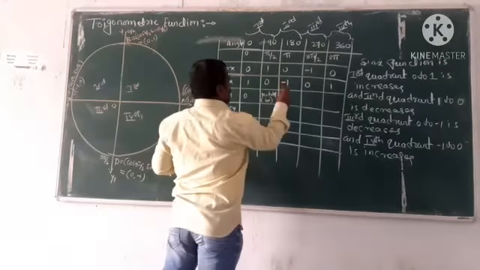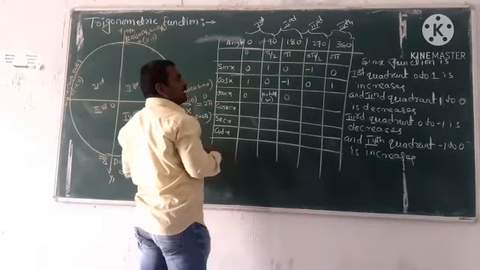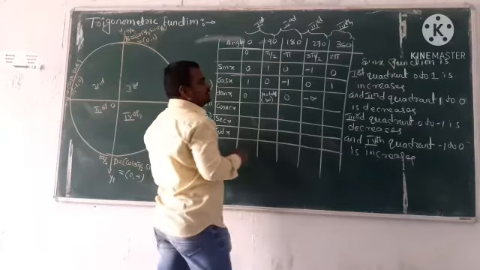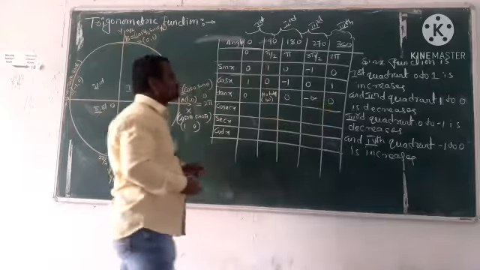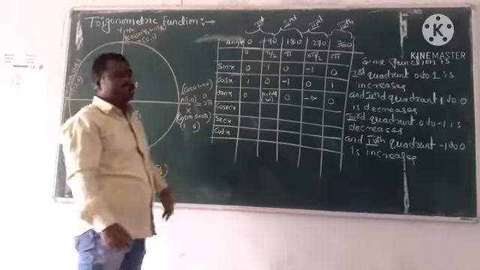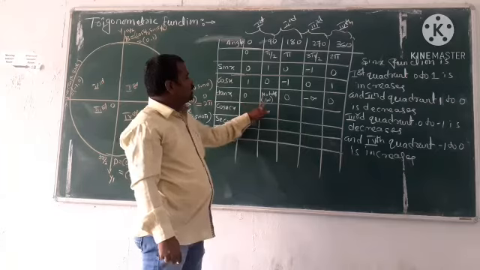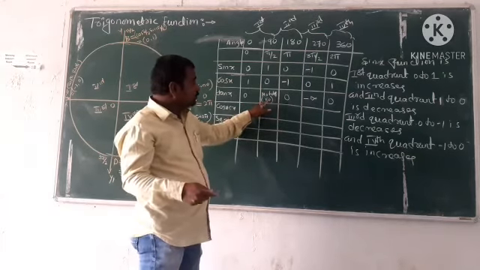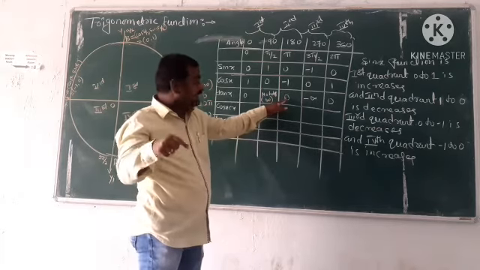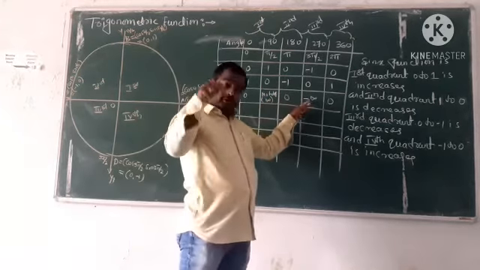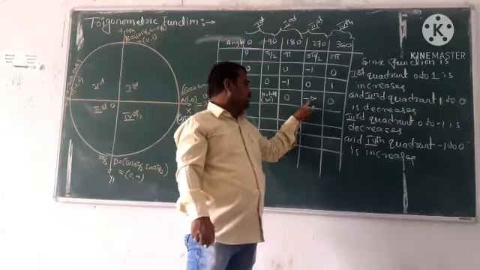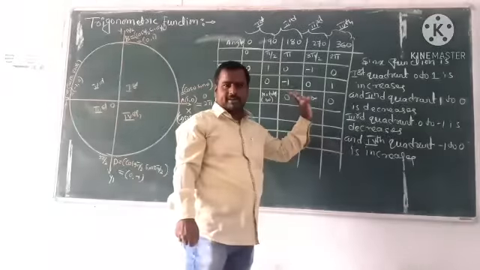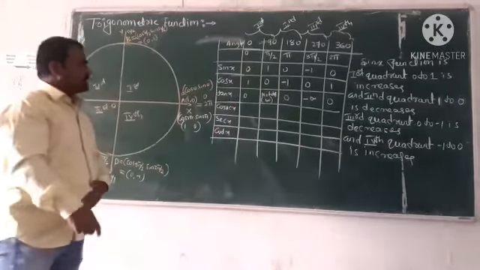So here 0, here minus infinity, here 0. So tan x goes from 0 to infinity, the biggest, increases. From infinity to 0 decreases. 0 to minus infinity decreases on the negative side. Then again it increases because of the positive sign.